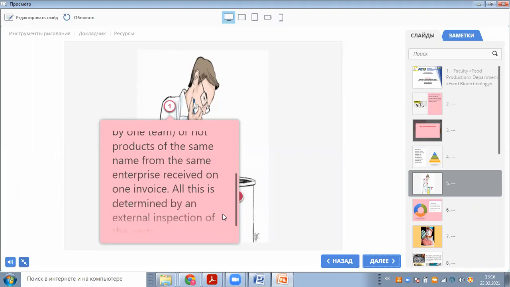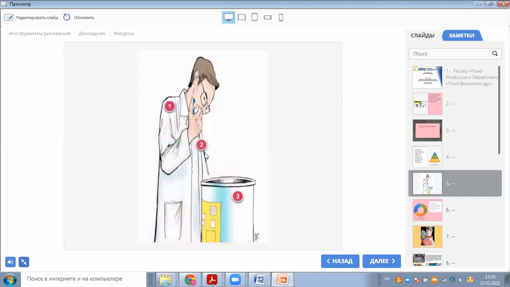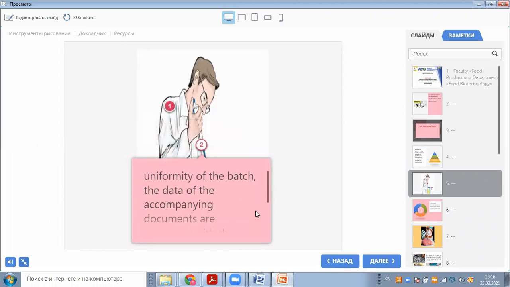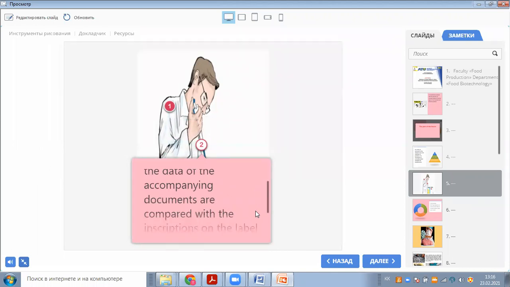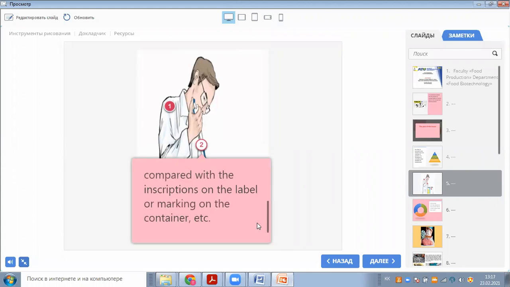And all this is determined by an external inspection of the party. And after establishing the uniformity of the batch, the date of the accompanying documents is compared with the inscription of the label on making, on the container, and etc.